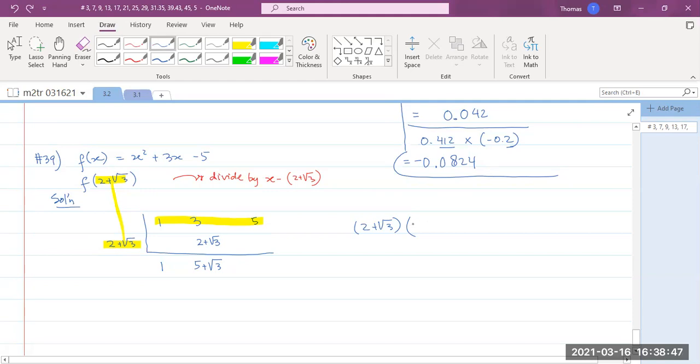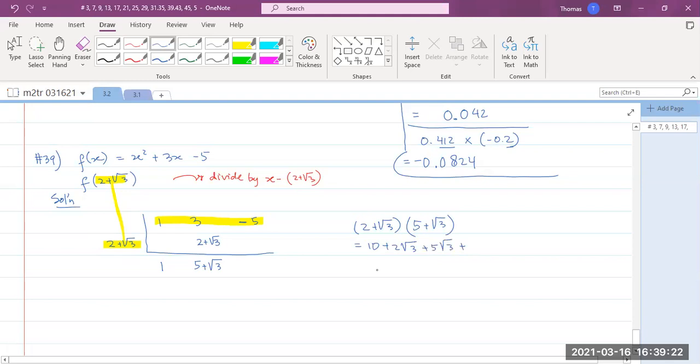So now I need to multiply 2 plus radical 3 times 5 plus radical 3. So this negative 5 here. Now, when I FOIL this, I get 10 plus 2 radical 3 plus 5 radical 3 plus 3.